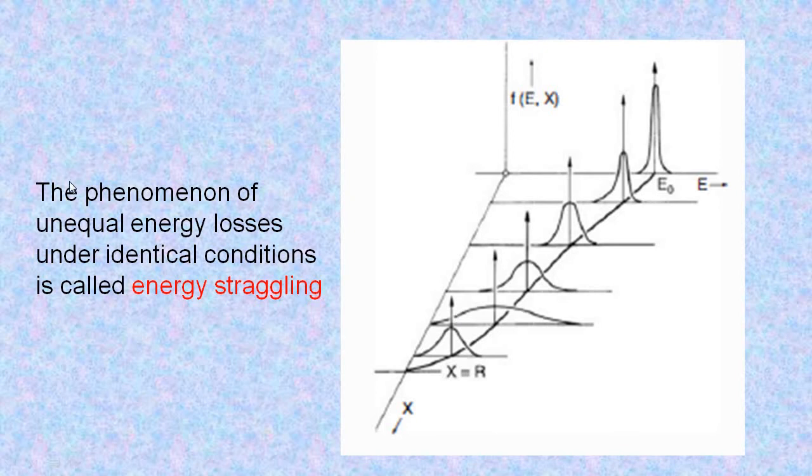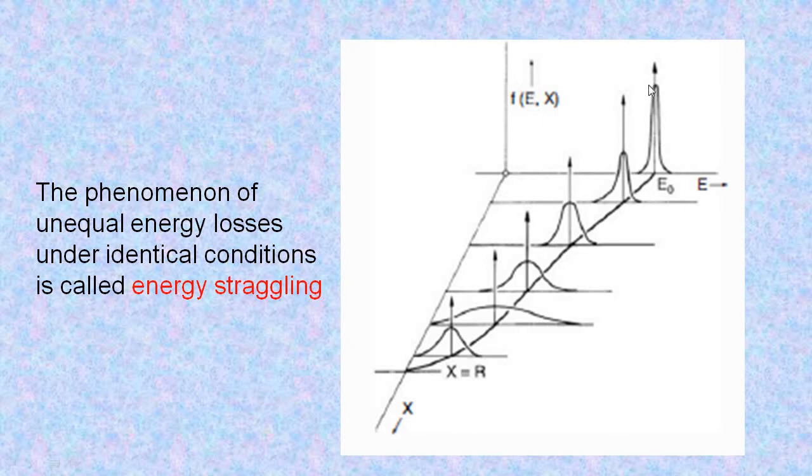So this is your energy straggling. The phenomenon of unequal energy losses under identical conditions is called energy straggling. Here you just consider this first one. Here you can see that at a particular point, this is the value, a function of E and dx, that you are considering as actually minus dE by dx. That means variation of E with respect to distance x.